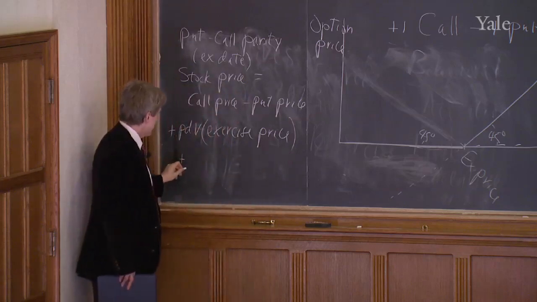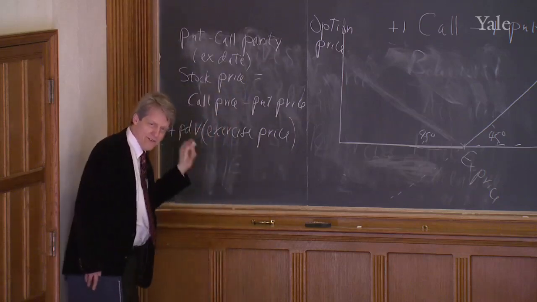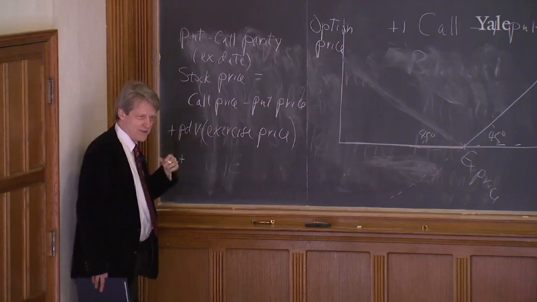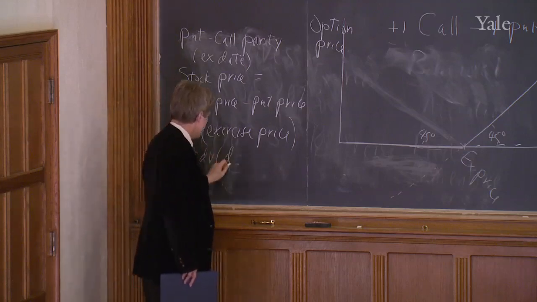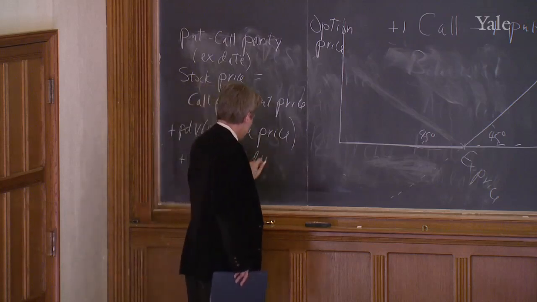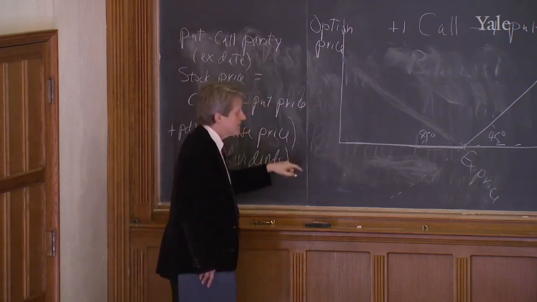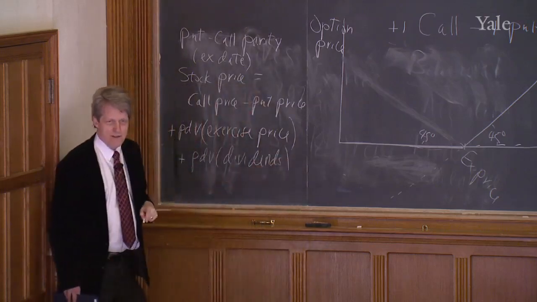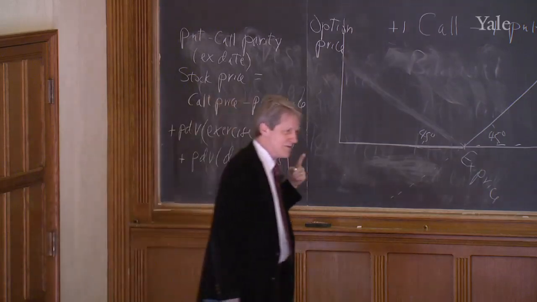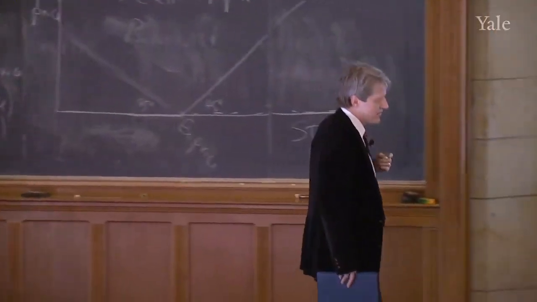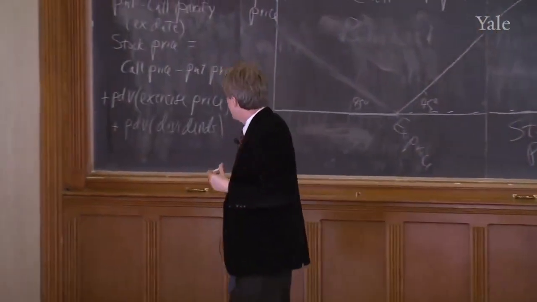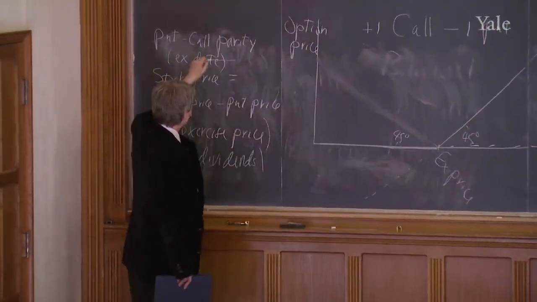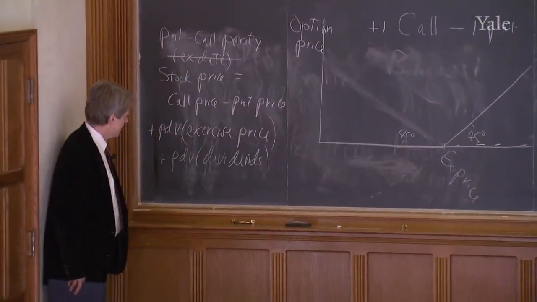And also, we have to add in case there are any dividends paid between now and the exercise date, plus the present discounted value of dividends paid between now and the exercise date, because the stock gets that and the option holders don't. Okay? So that's called the put-call parity relation. And now I can cross out exercise date. This should hold on all dates.